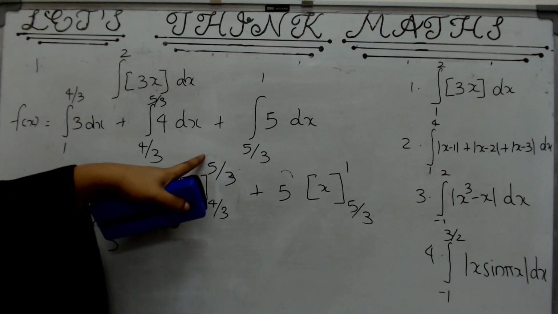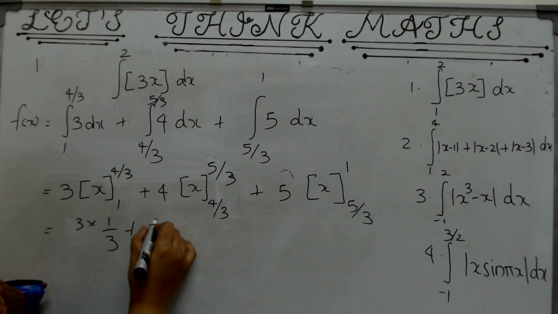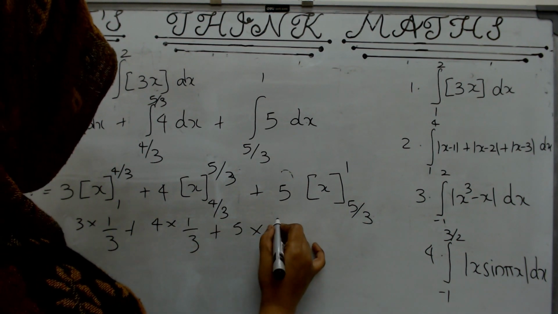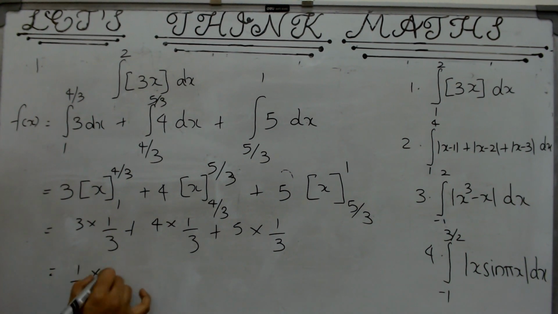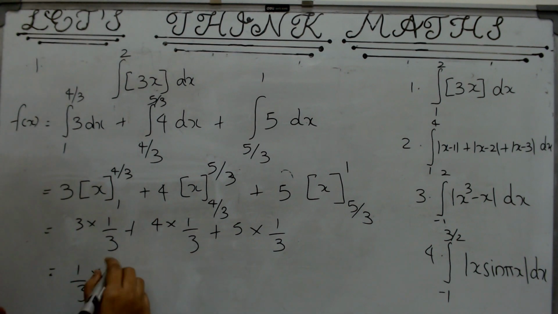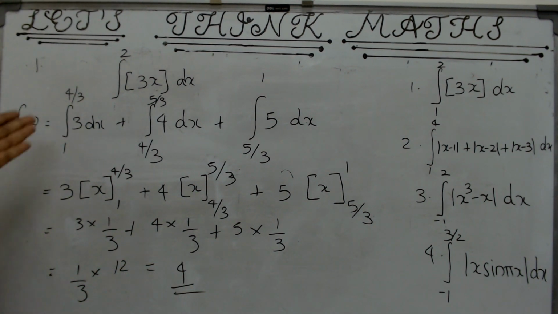This will also be 5 by 3 minus 4 by 3, which is 1 by 3. This will also be 1 by 3. So therefore 1 by 3, add all of them, 3 plus 4 plus 5 would be 12, right? So your answer is 4. So this is how the property that you just now learned helps you.